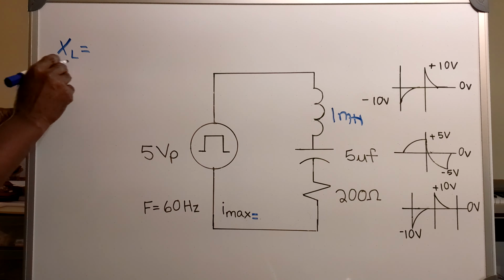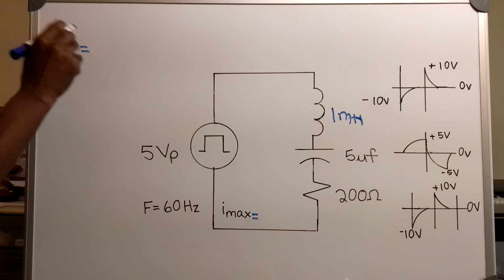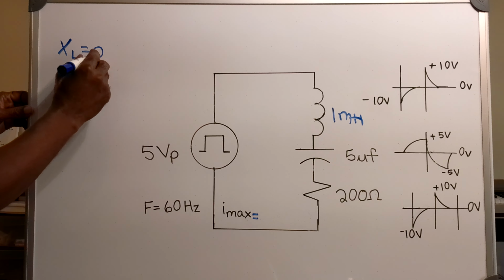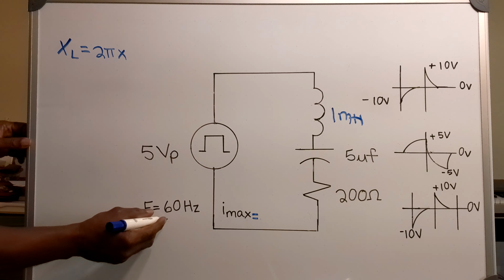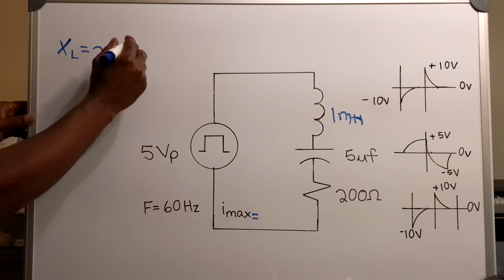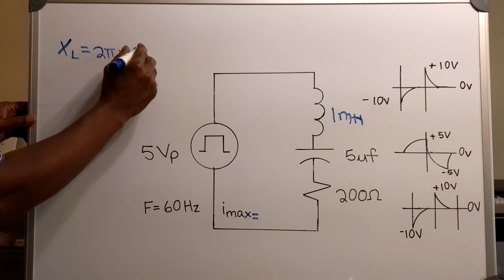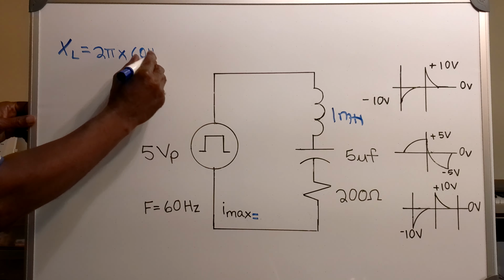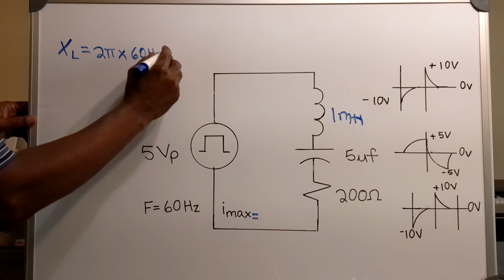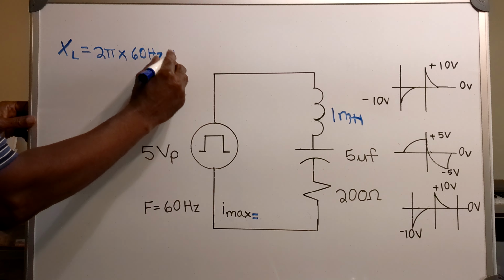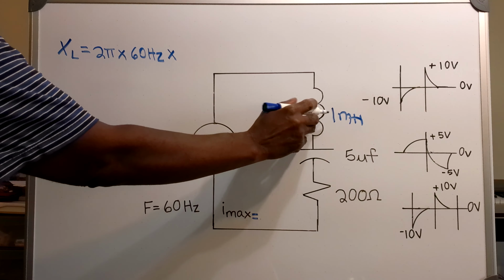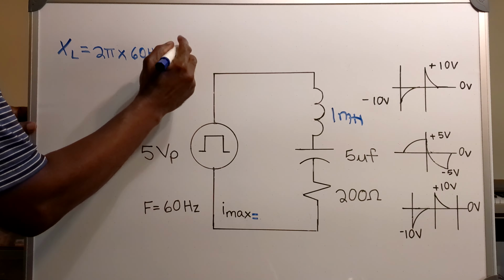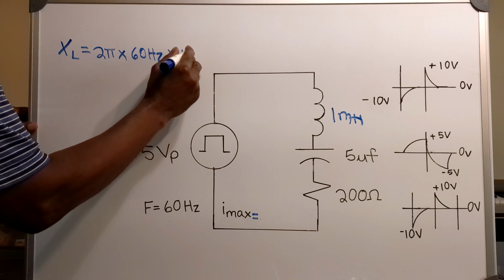My inductive reactance XL equals 2 pi times my frequency of 60 hertz times my inductance, 1 millihenry.